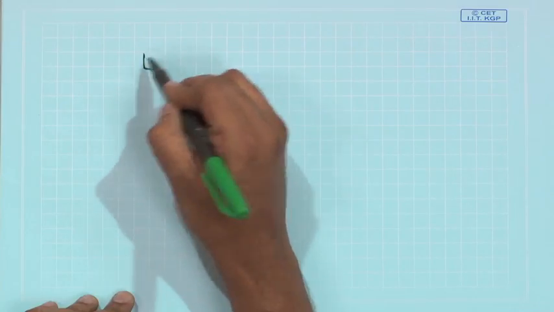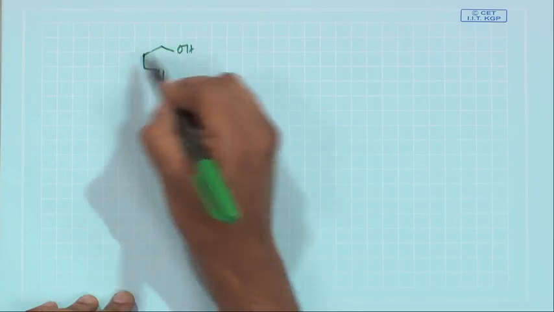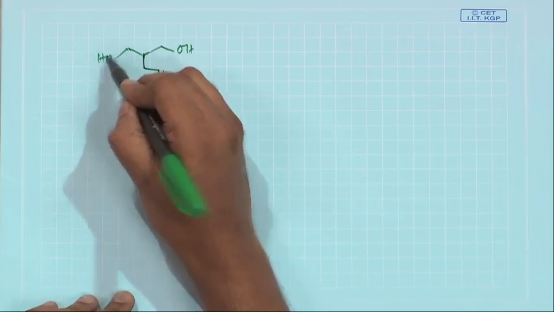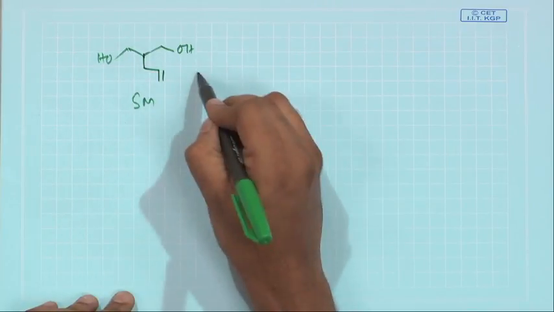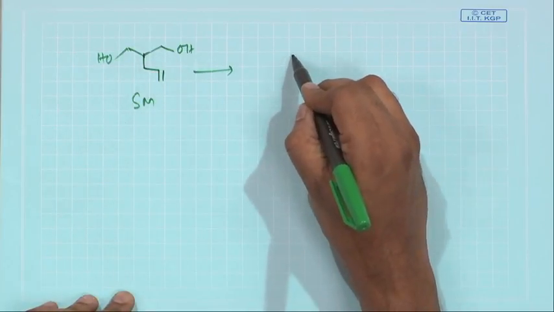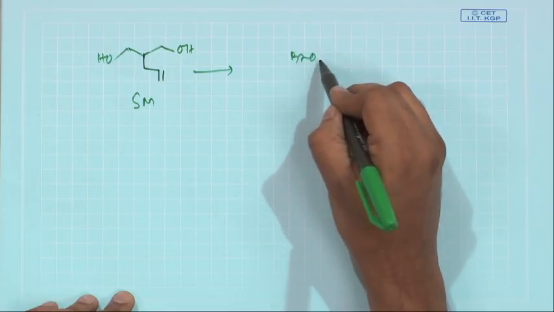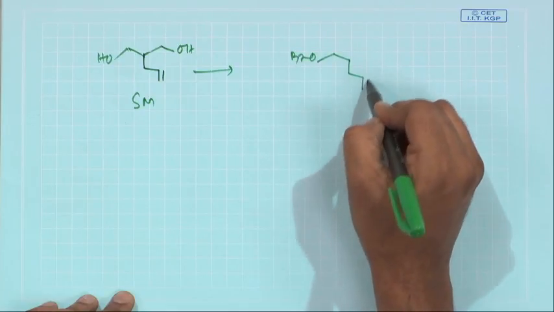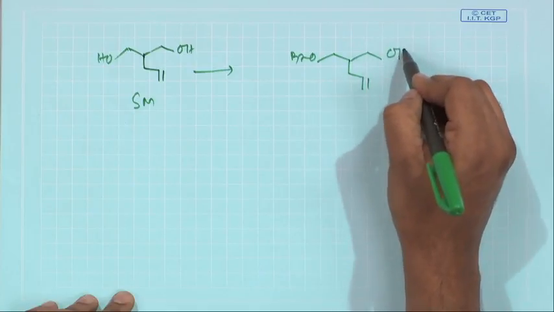Now we will be coming back to the initial problem which was given to you. You have this CH2OH starting material, a symmetric starting material. The product which I am requiring is this one.